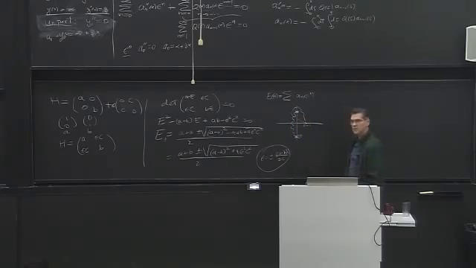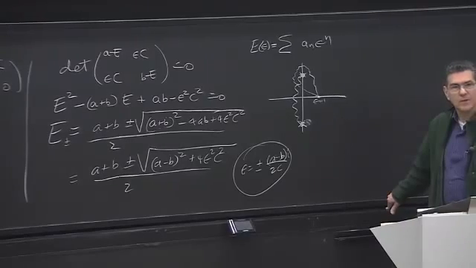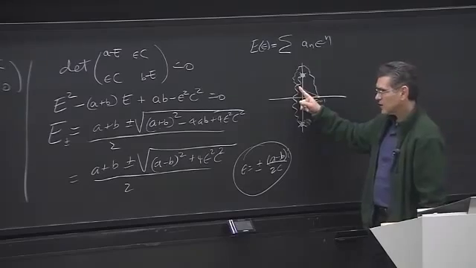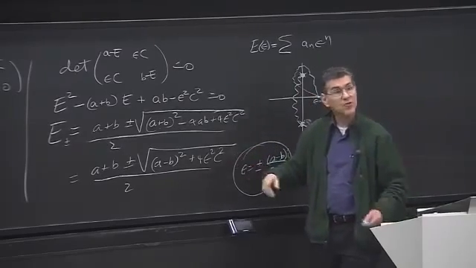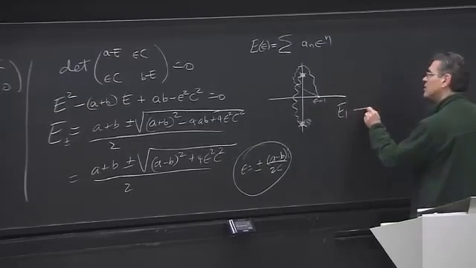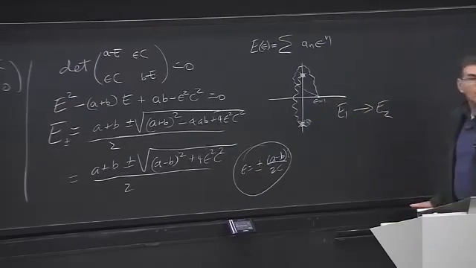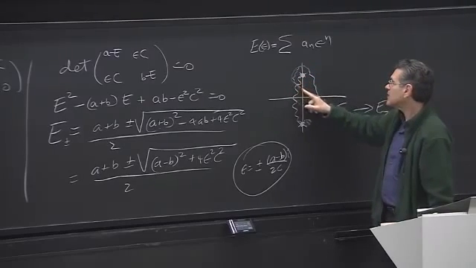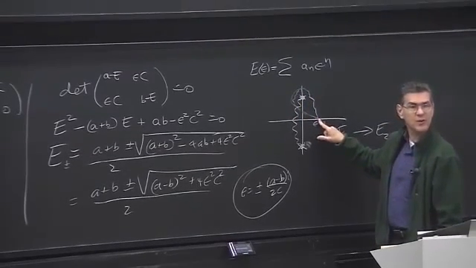What happens to the square root when you cross this branch cut? It changes sign. Therefore, the first energy level becomes the second energy level. That's really interesting. Nothing became infinite. It's just that the first energy level analytically continues smoothly to the second energy level.